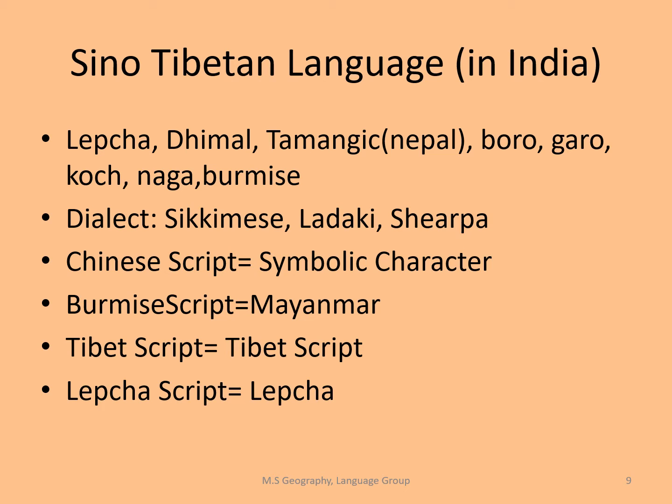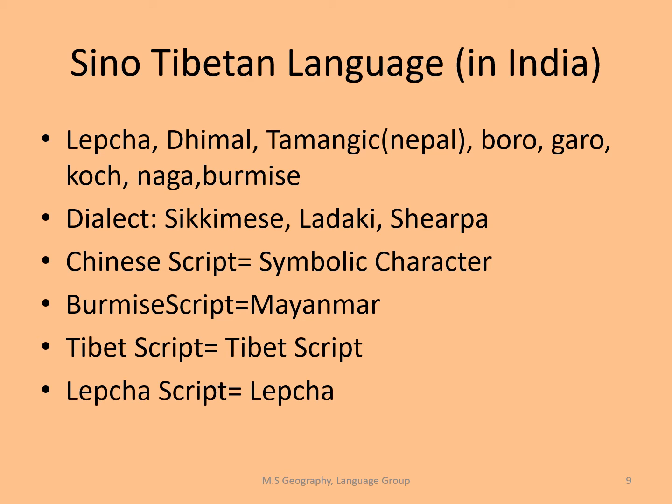Ladakh people or Sherpa people use the Sikkimese language, which is also a descendant of the Sino-Tibetan language group. Tamang, Boro, Garo, Koch, Naga, Burmese, Dimasa, Lepcha, all these languages prevailing in the northeastern part of India are descendants of the Sino-Tibetan language group.